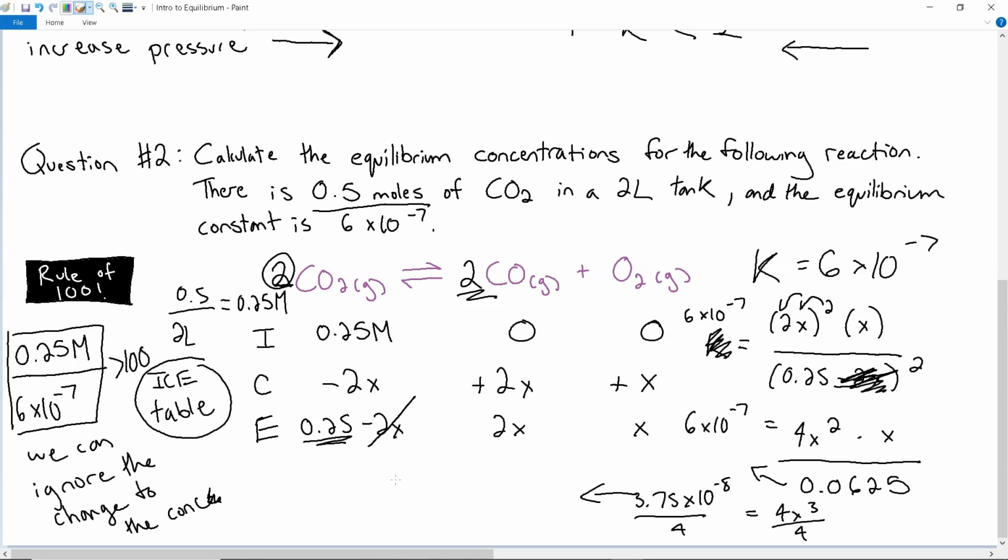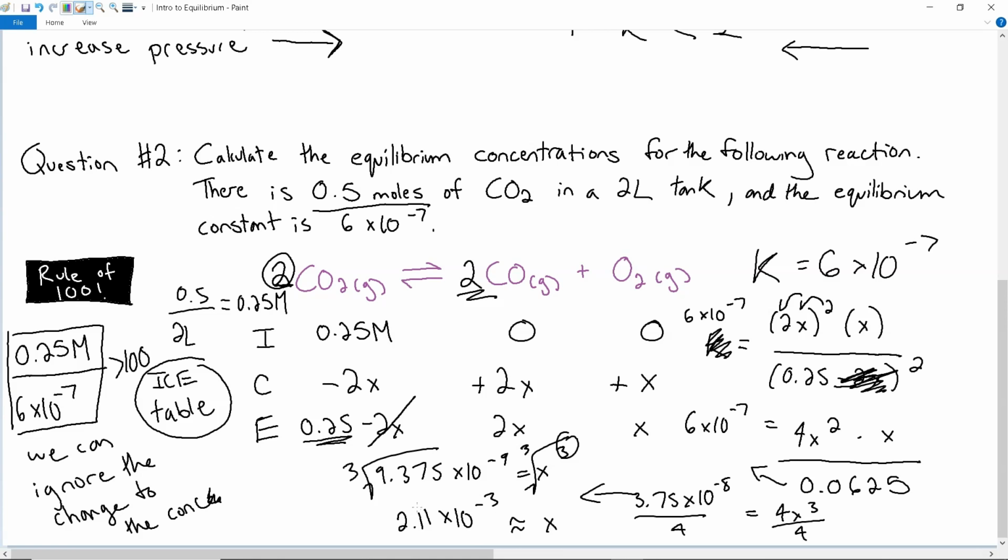Divide out our 4. That leaves us with 9.375 times 10 to the negative 9 equals x cubed. How do we get rid of this? We need to cube root both sides. And x is approximately 2.11 times 10 to the negative 3.